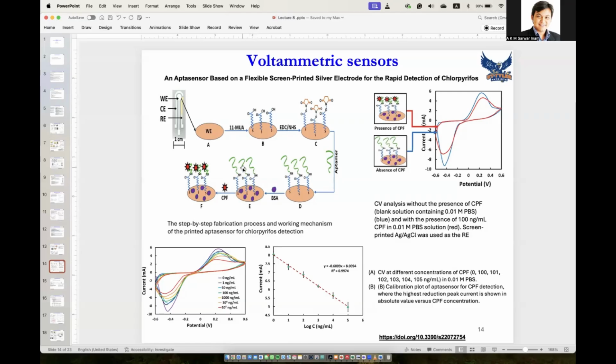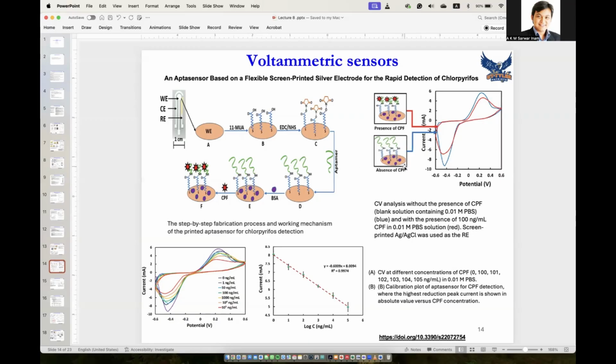We ordered this aptamer from a company, and we told them that it has to be specific to chlorpyrifos. So when there is chlorpyrifos in water or in soil or in the food, and we use this sensor, it attaches this chlorpyrifos to this aptamer, and this is how this sensor is working.